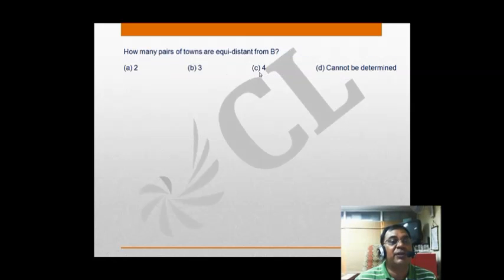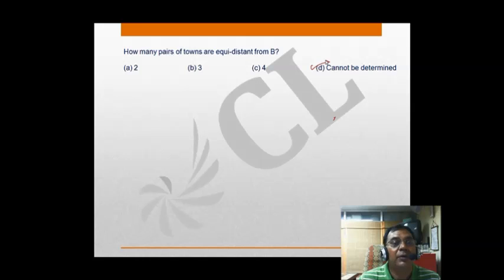Next question. How many pairs of towns are equidistant from B? Very nice question, because we do not know whether the distances are in the reverse ratio. The ratios are the same, but whether distances are the same or not we do not know. So therefore the answer is cannot be determined. Now the distance between A and P is equal to the distance between U and V. Let's see.